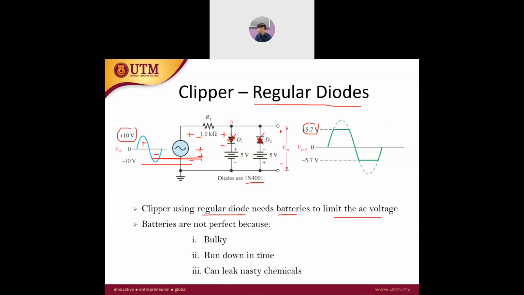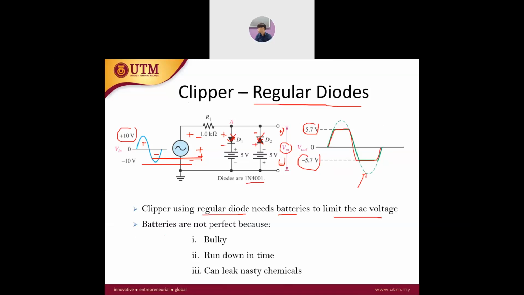Since you still have V out measuring positive here, negative here, and since this one is reverse polarity, positive, negative, then you have another positive, negative. So it is 5.7 volts. However, because V out is measured in the opposite polarity, you have negative 5.7 here. So in the end, the clipper with the regular diode has a shape like this.